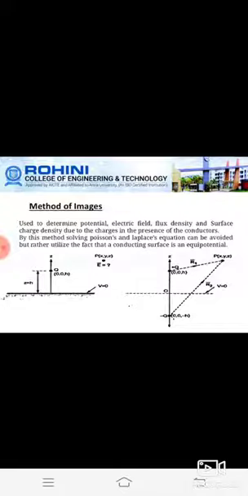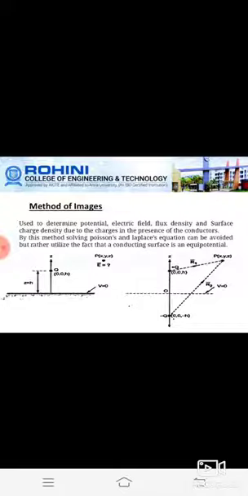The conditions to be satisfied for applying the method of images are, first, the image charges must be located in the conducting region, and also the image charges must be located so that the potential on the conducting surface is 0 or constant.